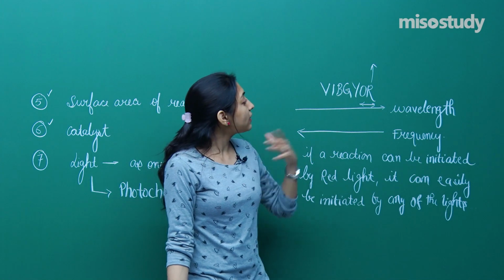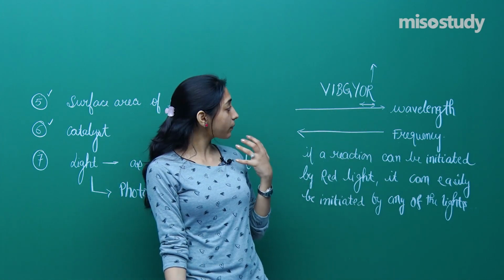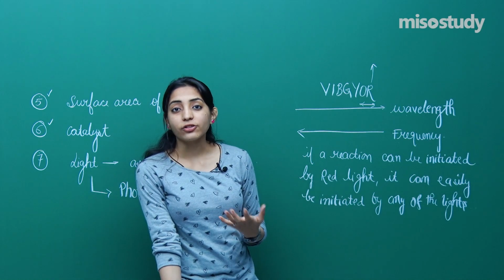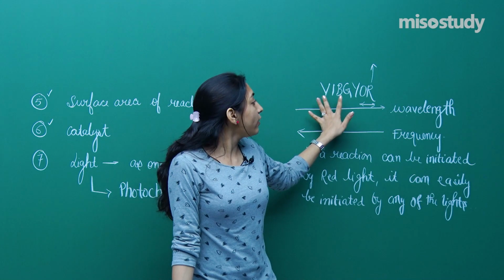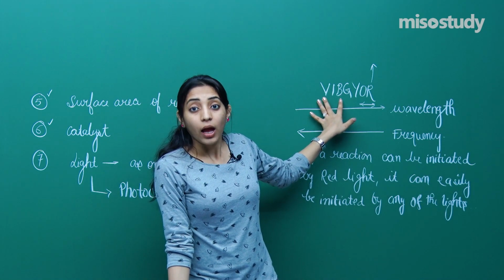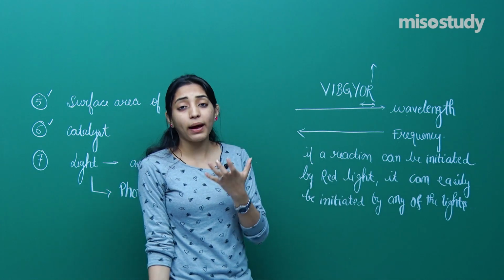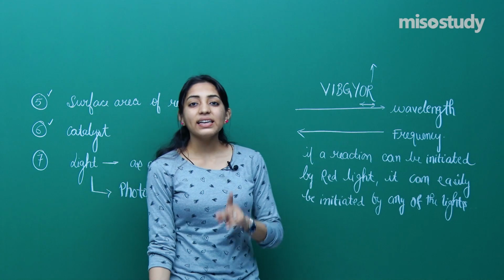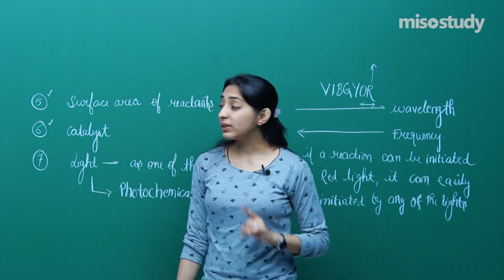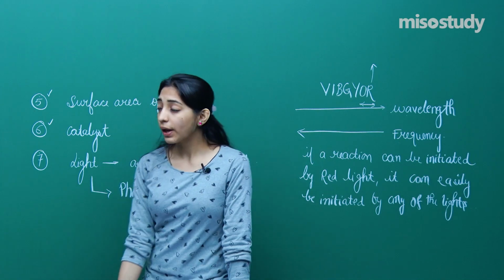In the same way, if green is the minimum frequency which is required for the photochemical reaction, the reaction could be carried out by any light having greater frequency, but not by lights having a lower frequency. So the first thing is that the frequency of the light that you are using is really important in deciding the rate of a photochemical reaction.